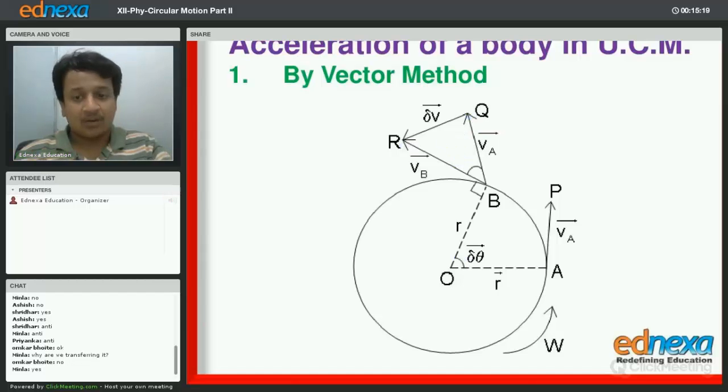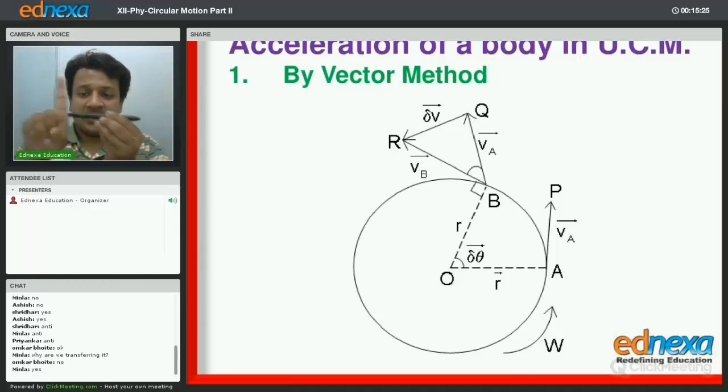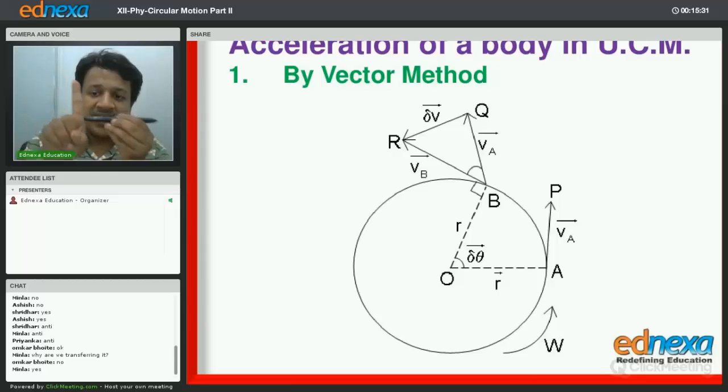How? If you are having this doubt, how that is delta theta, for that purpose there are two vectors. See, this is AP and this is the radius. AP is a tangent. So tangent and radius, the angle between tangent and radius is 90 degree.